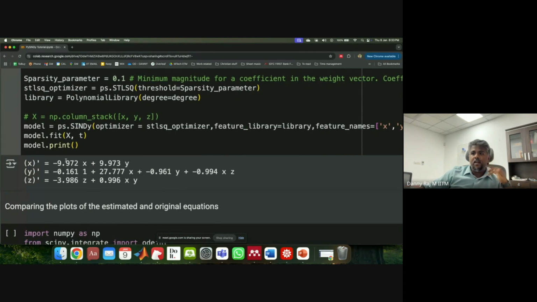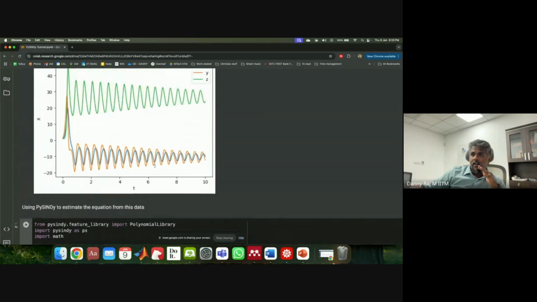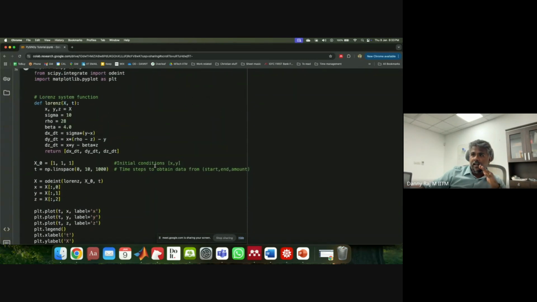X dot is close to minus 10x plus 10y, and so on. If you go back, you realize this is sigma times y minus x, so minus 10x and plus 10y. Then what is rho? There's a 28 minus z times x minus y.